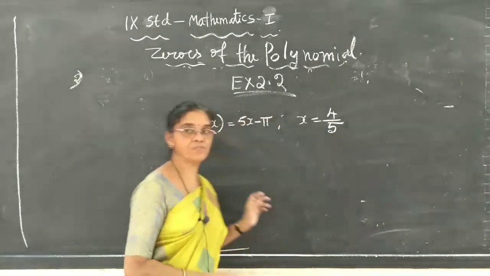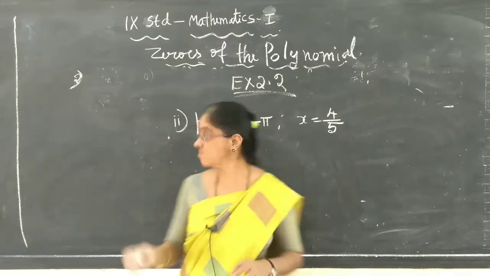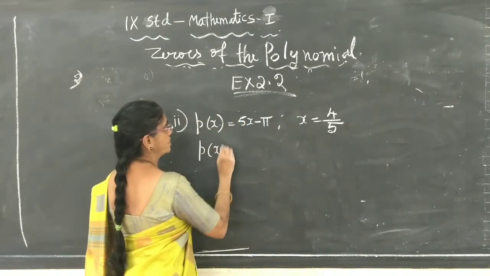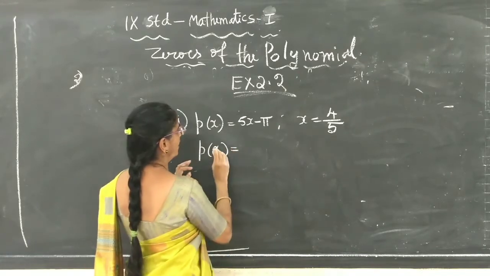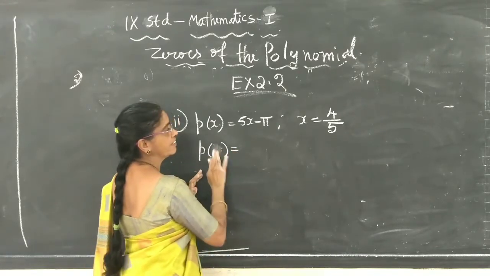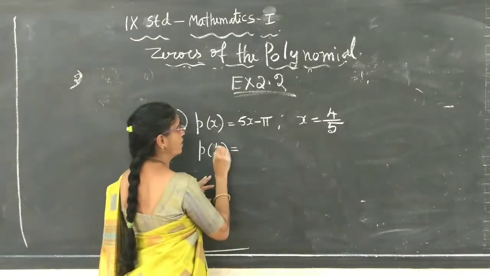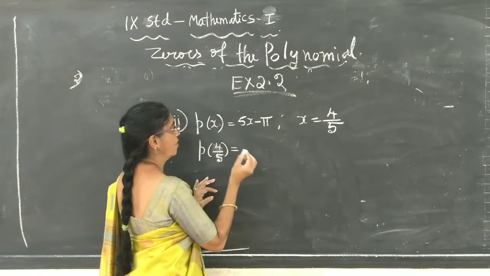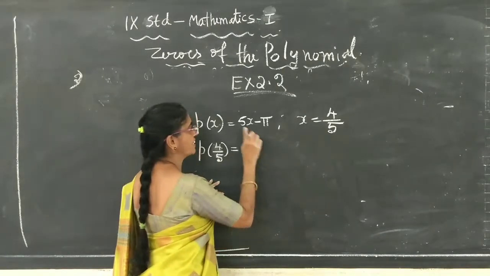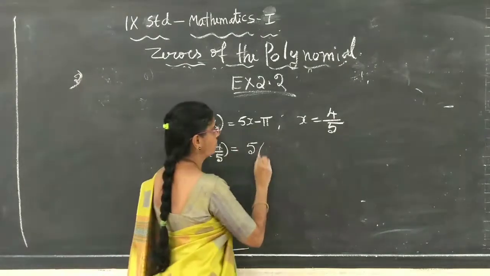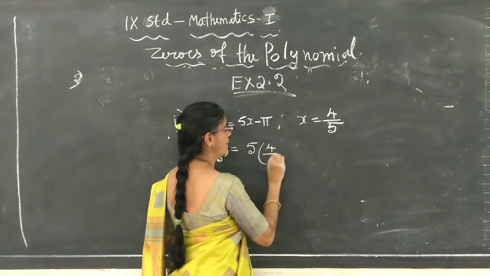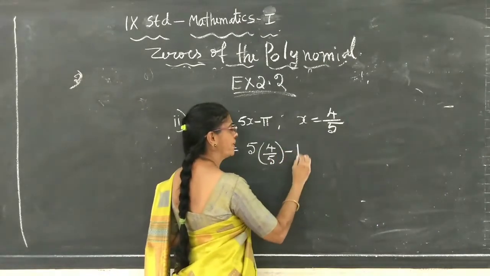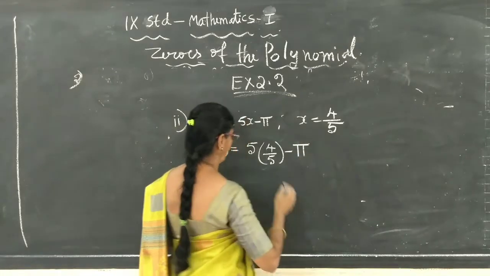Now x is equal to, which value do I have to take, children? It is 4 by 5 I have to take. So it is 5 into x, in the x place I should take 4 by 5, minus sign, write minus sign, pi value write as it is, no problem.